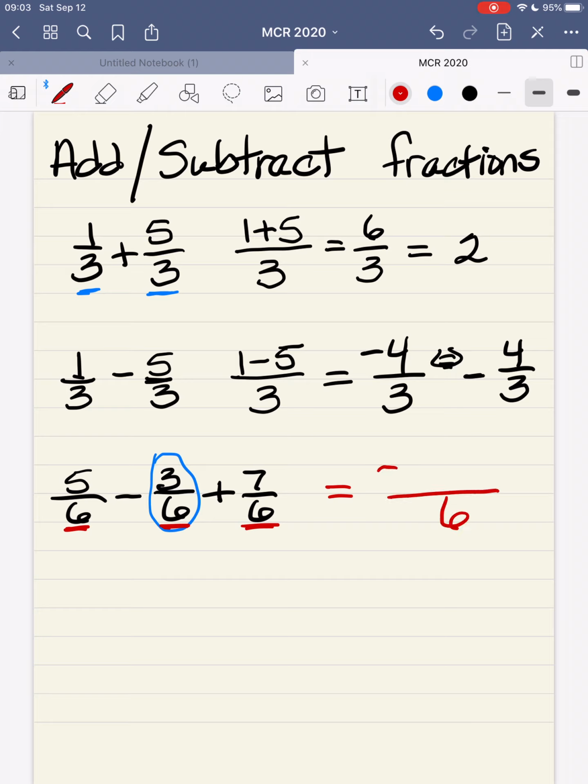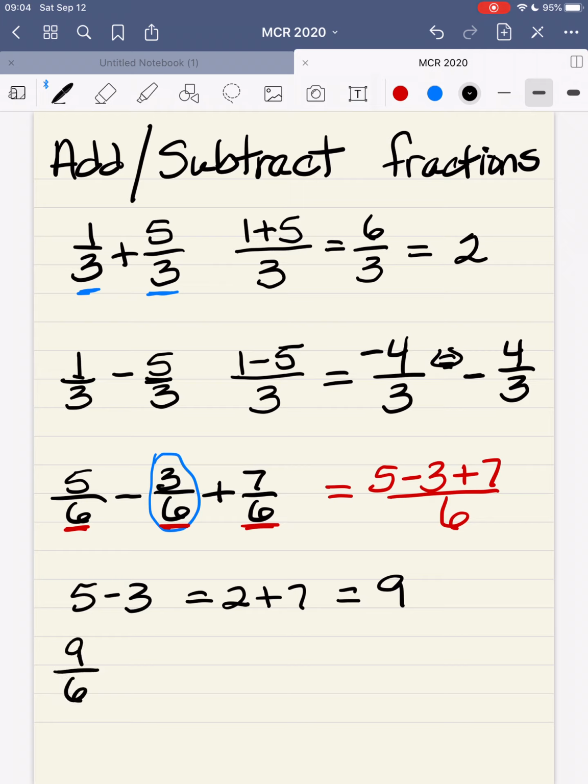On the top, I have 5 minus 3 plus 7. And that's a separate operation. So we got 5 minus 3. That's going to give me 2. And then take that 2, add the 7 to it, I get 9. And then that 9 is going to be over 6.